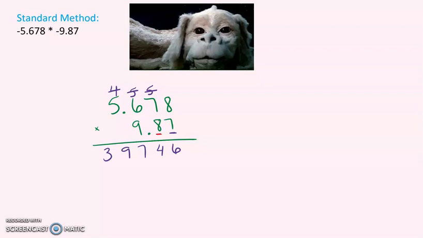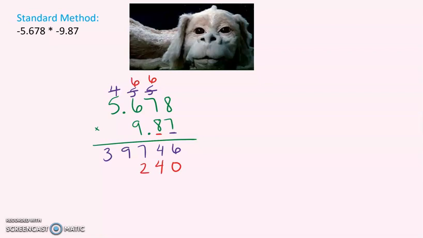Now I'm going to multiply everything on top from right to left by this 8. And because I've moved over a place, I need to have something hold that place, so I'm going to use a 0. So I have 8 times 8 is 64, so I'm going to bring down the 4, carry that 6. 8 times 7 is 56, plus 6 more is 62.